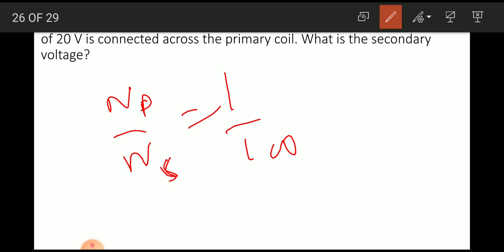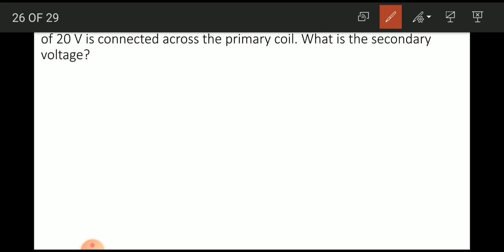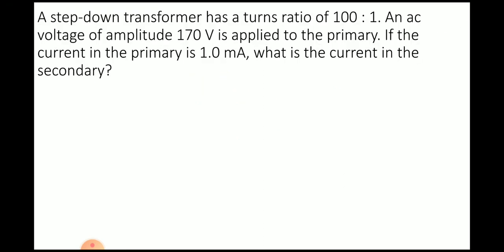What is the secondary voltage? This is Ns and Np, and Vp is equal to 20. So I will write Vs is equal to Ns divided by Np multiplied by Vp. Put the values, you will get the answer.